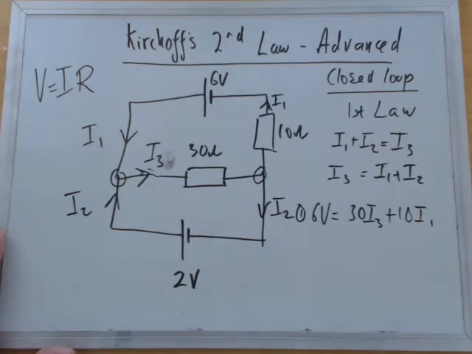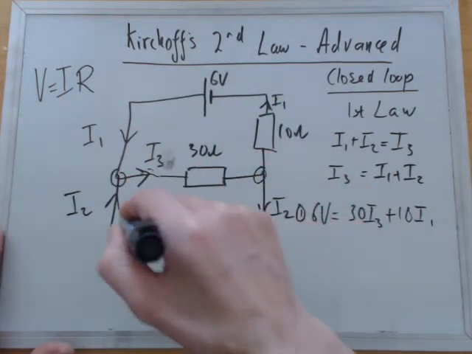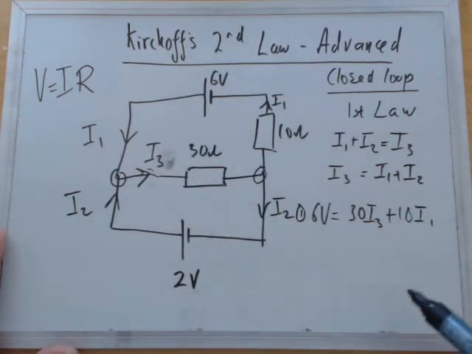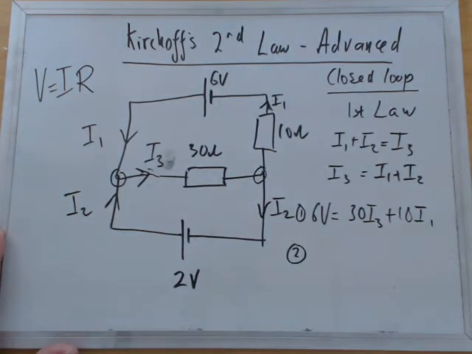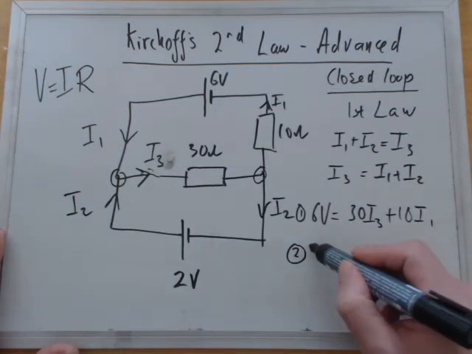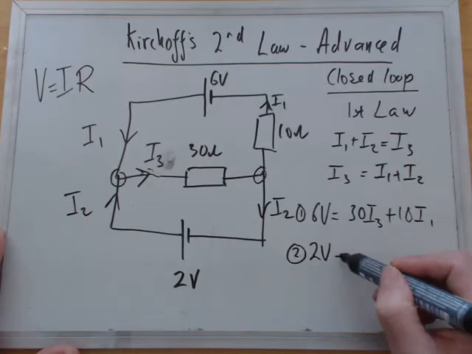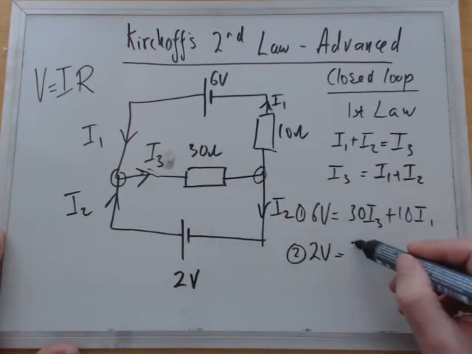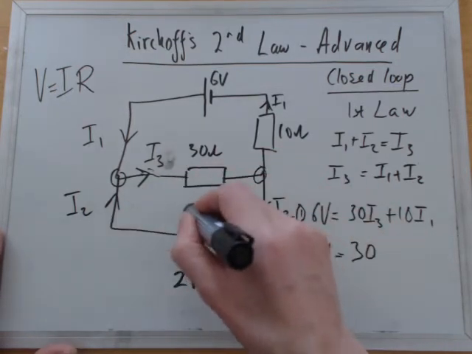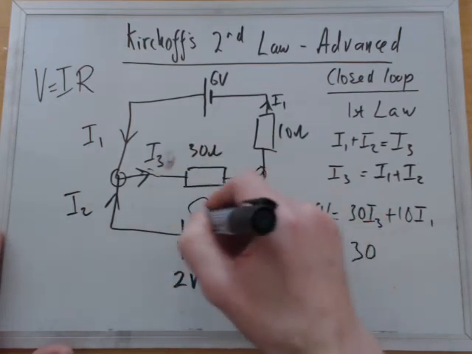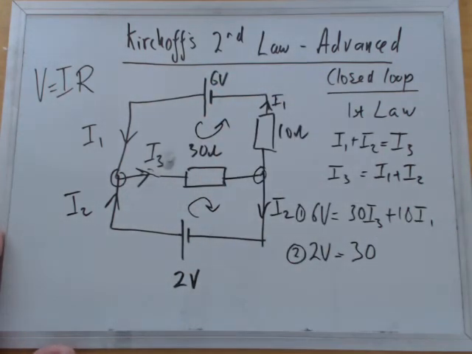Okay, and another loop we could have, and again we go in the positive direction here, is this loop here, and that's equation 2. That would give us 2 volts must be equal to, again, 30 times I3. So that is that loop there, and previously this was this loop here.